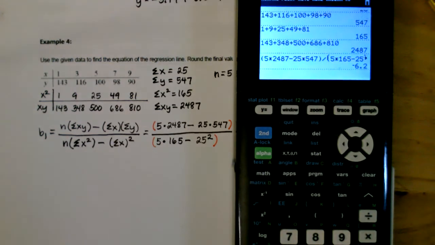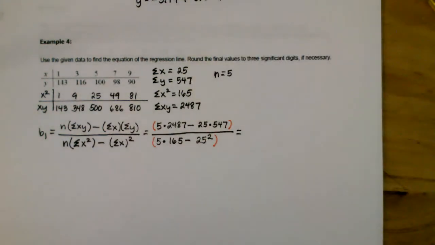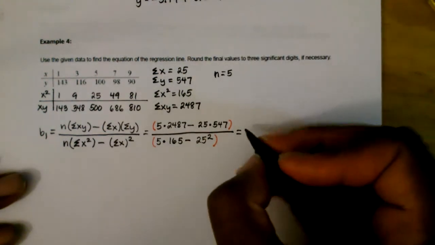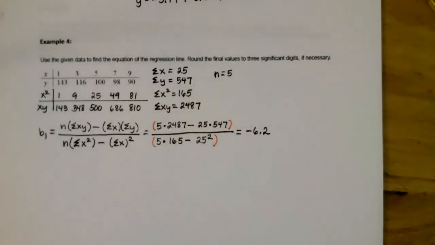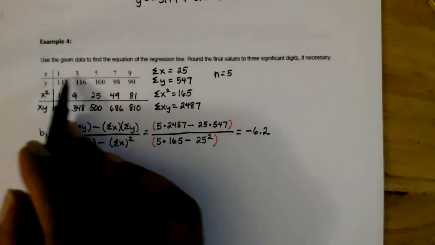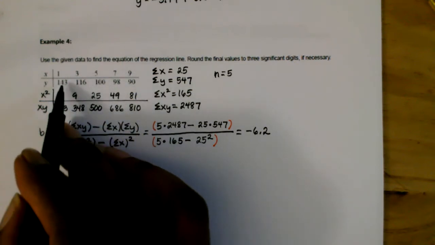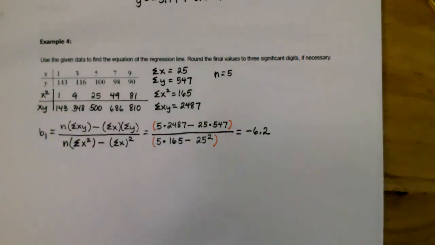Then hit enter. So here I got a negative for the B1, and that's going to be negative 6.2. So that tells me my slope is going to be negative. That means that the regression line will be decreasing. And I should know that because as my X values increase here, my Y values are decreasing. So I know I'm going to have a negative slope.